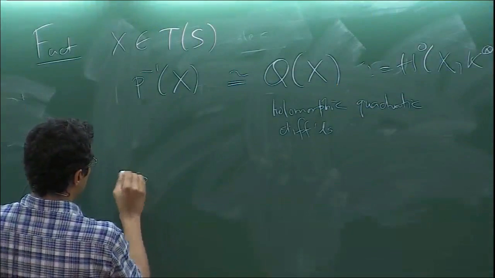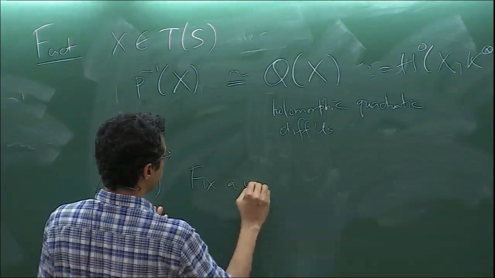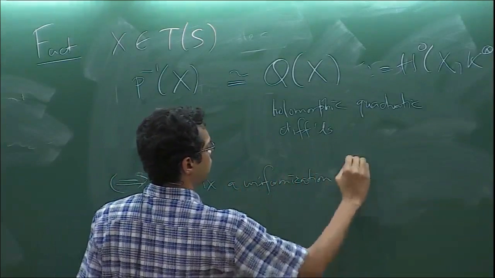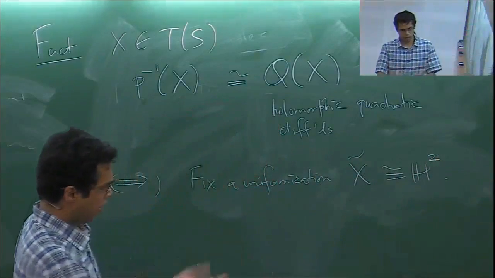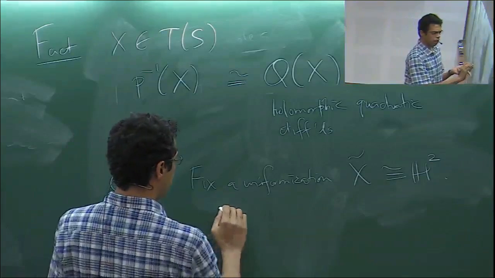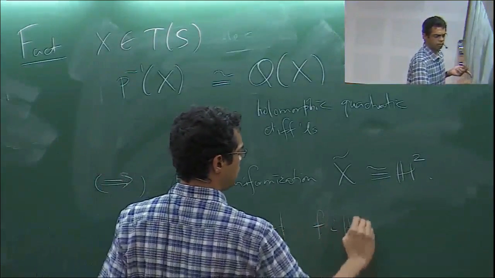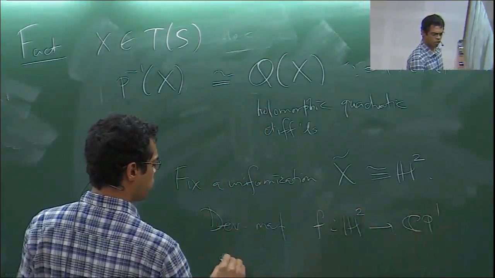So let me give some idea of how this works. If you fix a uniformization, a Fuchsian structure on X, so you identify the universal cover with H2, then the developing map F becomes some meromorphic function, and you can look at its Schwarzian derivative.